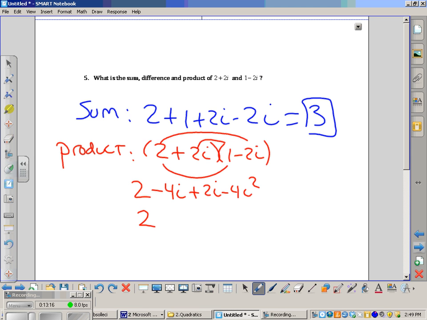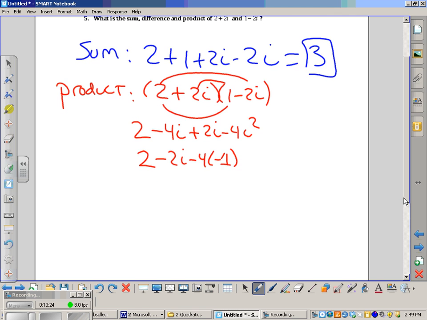So 2 minus 2i minus 4 times -1. Remember, i squared is -1. That's a key thing to know coming out of this lesson. So 2 minus 2i plus 4.